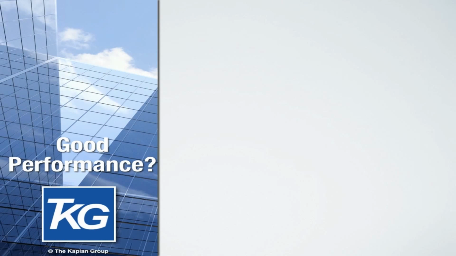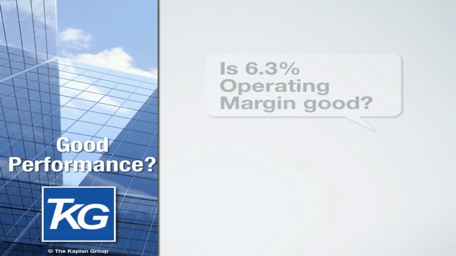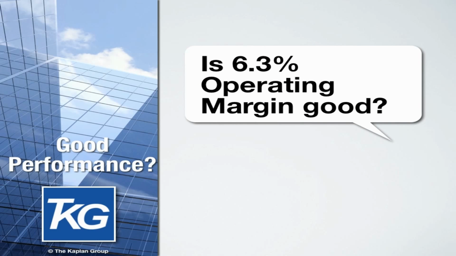Now that we've calculated some ratios, we need to do some analysis. For example, is the 6.3% operating margin good? Well, we need to be able to compare it to something to determine if it's good or not. The first thing you can do is compare it to other companies in the same line of business.